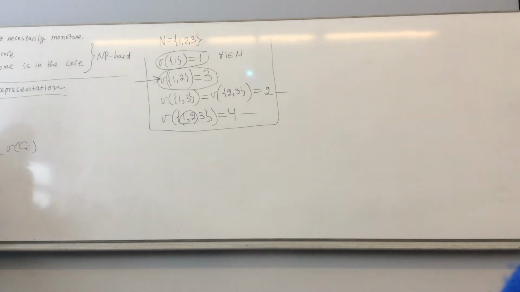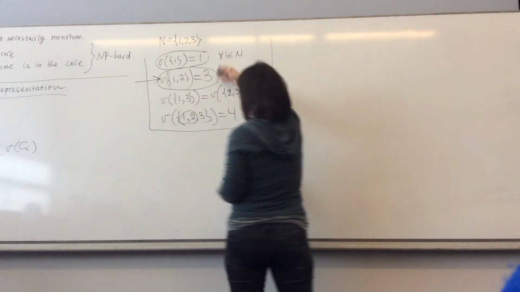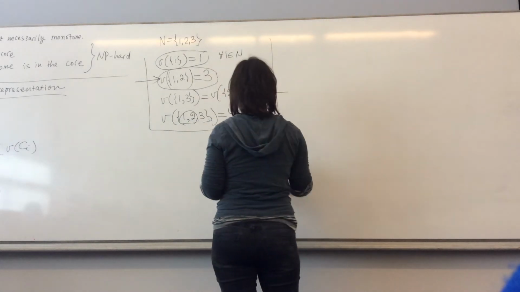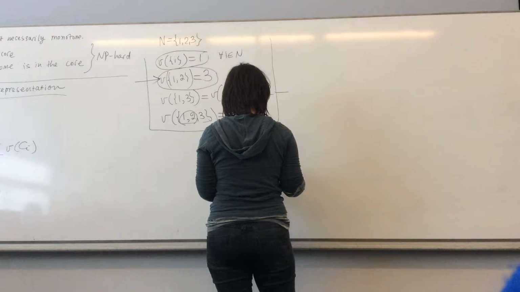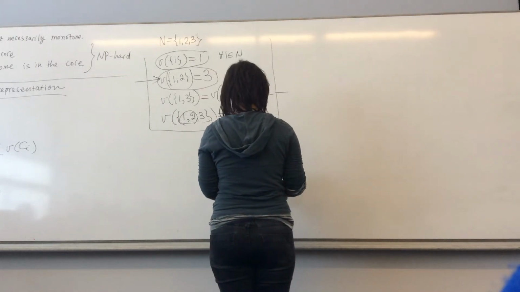Now, this representation still may require exponential space, of course, depending on how many synergies we have. But once again, the hope is that in many practical domains, these synergies are sparse.